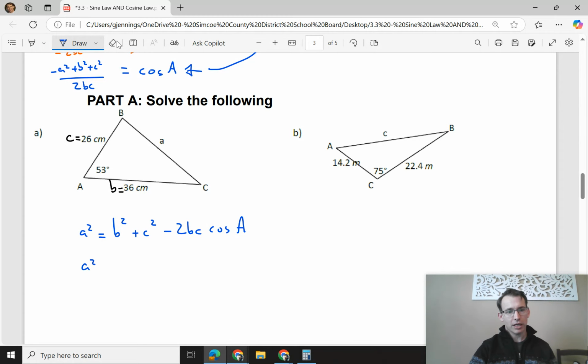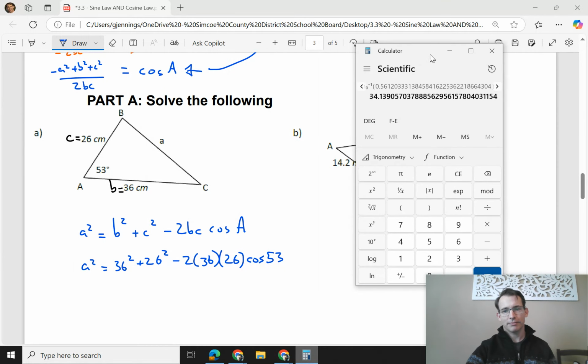We don't know a, so it's a squared equals 36 squared plus 26 squared minus 2 times 36, subbing into brackets, times 26 times cosine of 53. And now, get out your calculator and crunch that.